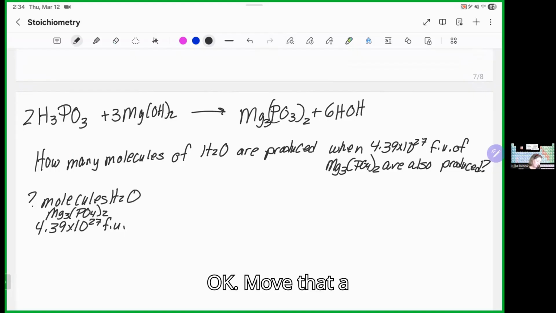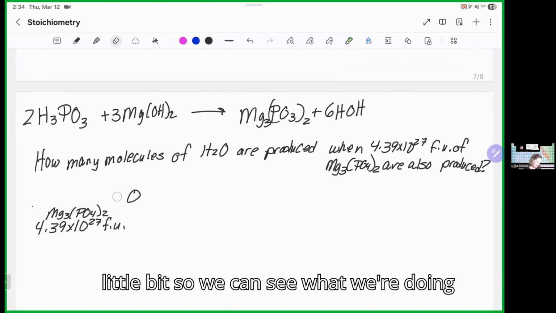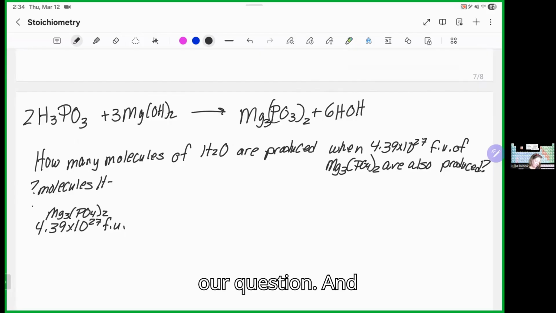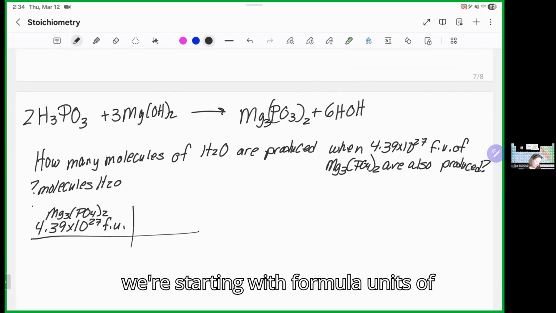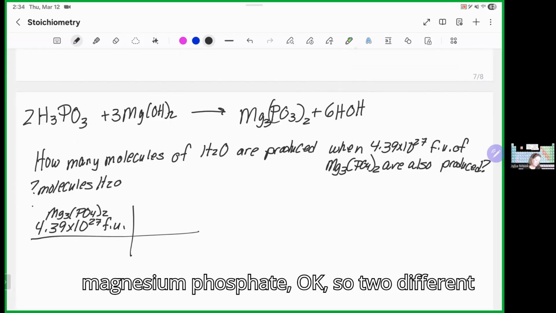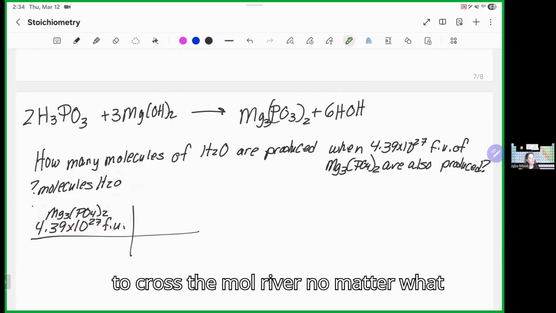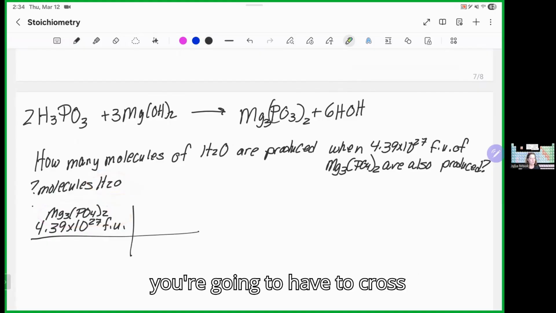Okay, move that a little bit so we can see what we're doing here. So how many molecules of water is our question? And we're starting with formula units of magnesium phosphate. Okay, so two different chemicals. So we know we're going to have to cross the Mole River. No matter what, you're going to have to cross the Mole River.